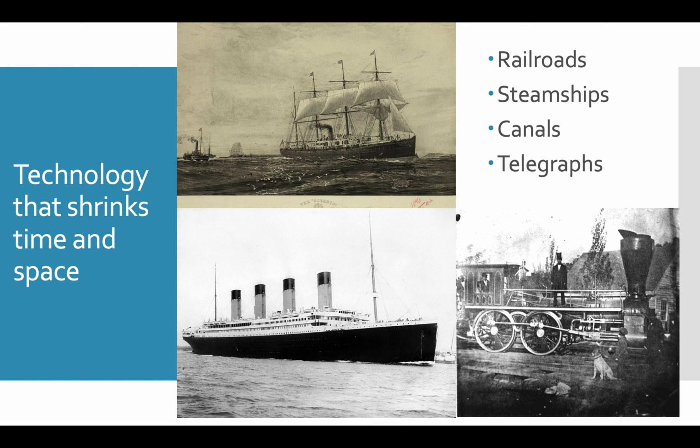We fast forward a few hundred years following the Industrial Revolution, and you have steam power that accelerates how fast you can go and opens up the ability to go against the trade winds.